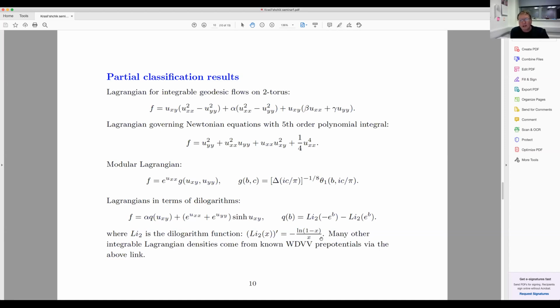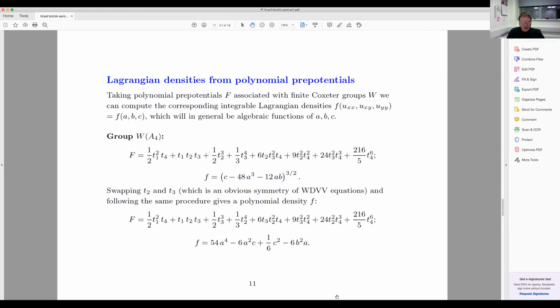I will show you a few examples coming from WDVV prepotentials. I will take known WDVV prepotentials. Many of them are explicitly calculated. I will construct the corresponding density: Lagrangian densities from polynomial prepotentials.